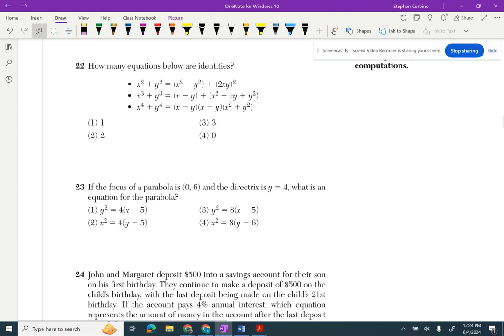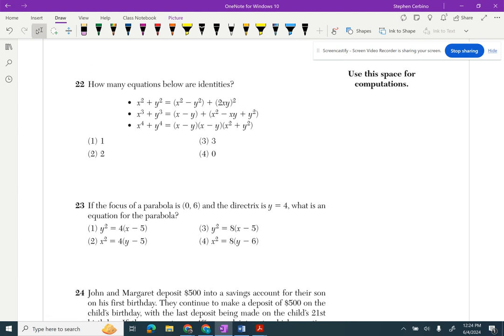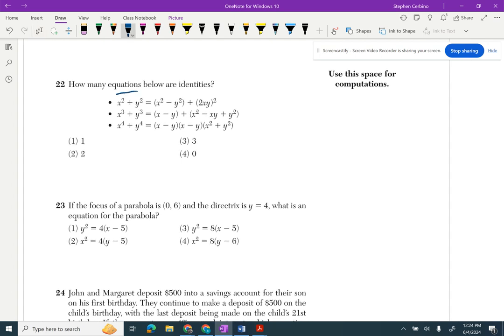Number 22, which of the following equations are identities? Identities means that they are true statements. So we're trying to figure out which one is actually going to be true. So I can use essentially factoring properties to do this, right? This I know is not factorable with real numbers, so that cannot be true because it's a plus. There's no such thing as sum of two squares.